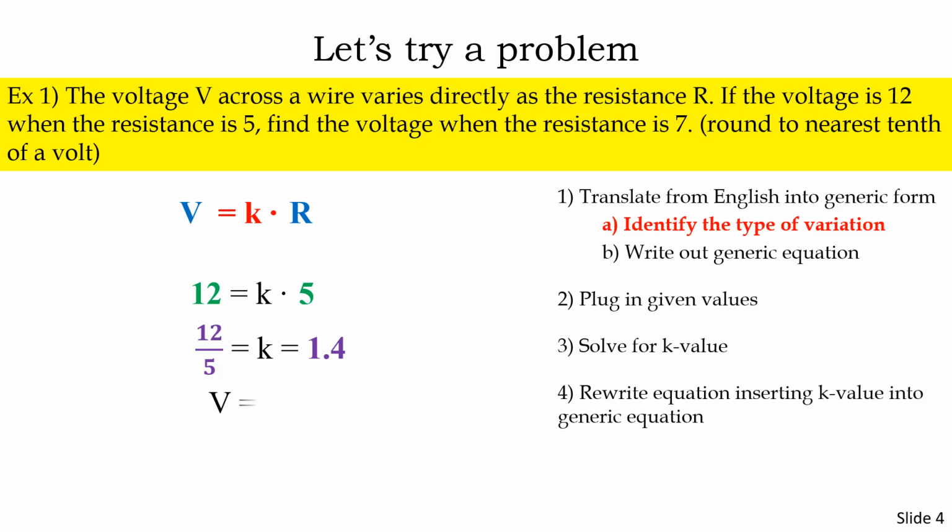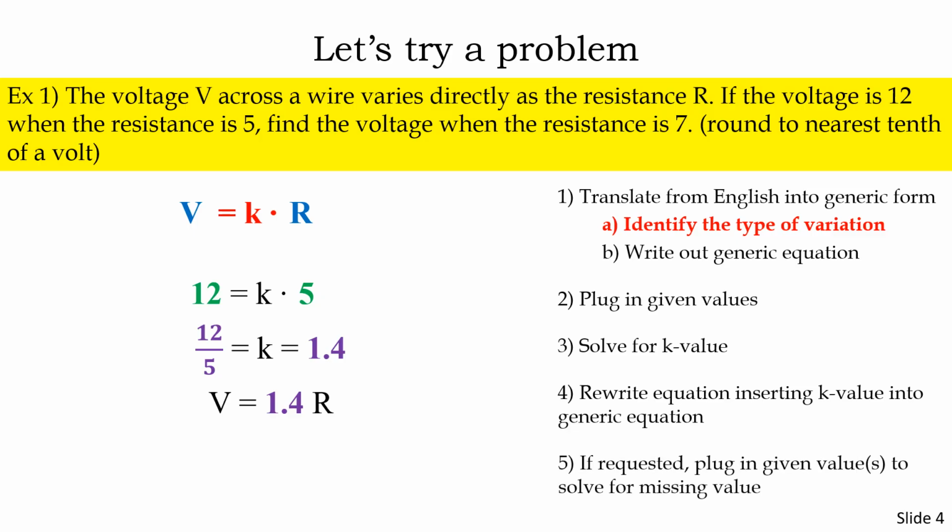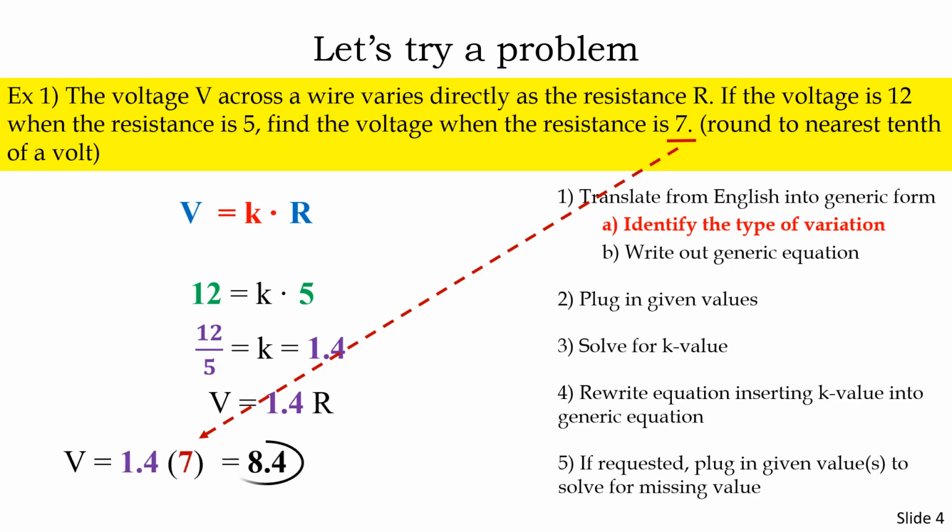Rewrite, inserting the k value. So V equals 2.4R. If requested, and this one does, plug in the given value. So we're supposed to find the voltage when the resistance is 7. So we plug in the 7 for the R, and we get 16.8.